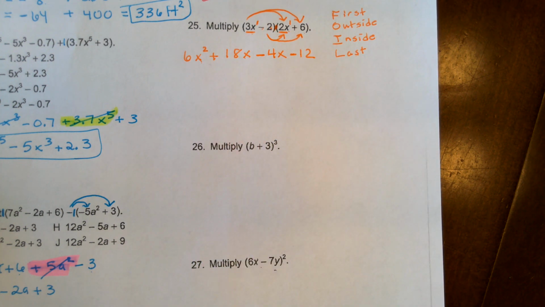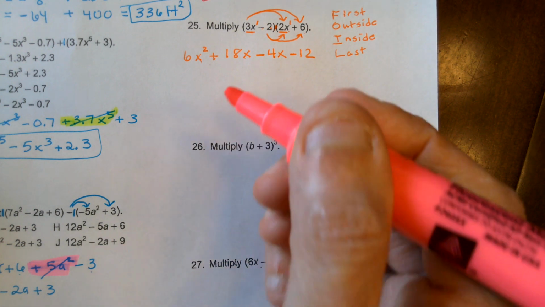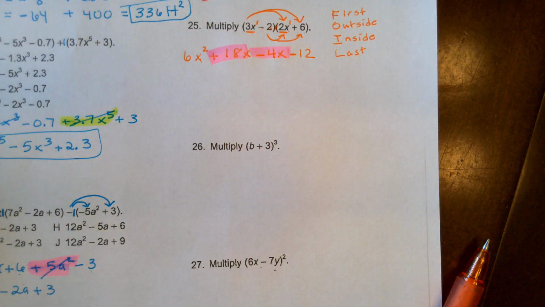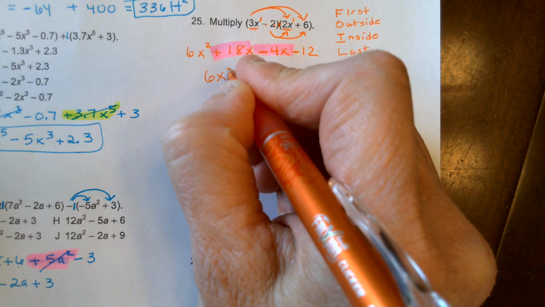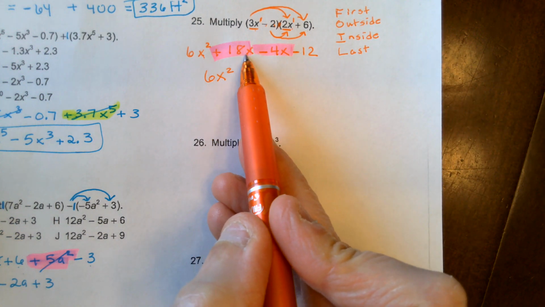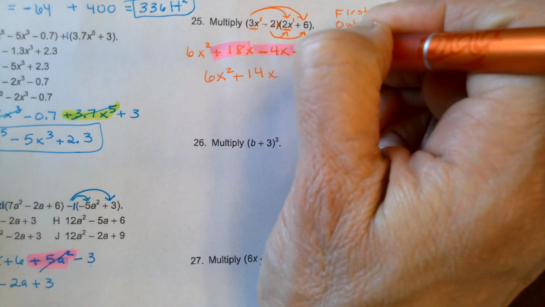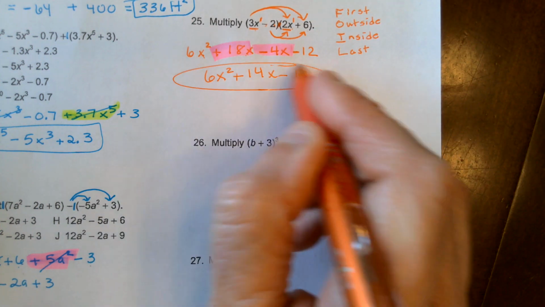I have my 4 terms. The last thing I need to do is see if there are like terms. There are like terms. I have a plus 18x. That's a bad choice of color because now you can hardly see it. And I get 6x squared. That's still there, but plus 18x and minus 4x give me a plus 14x and then minus 12.